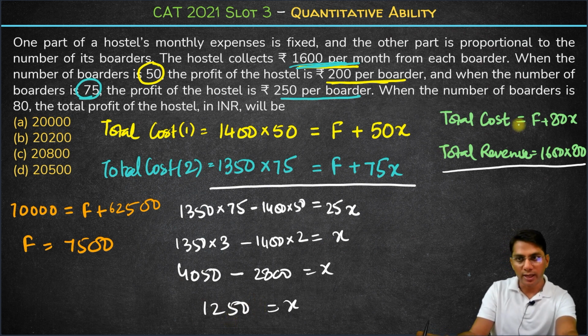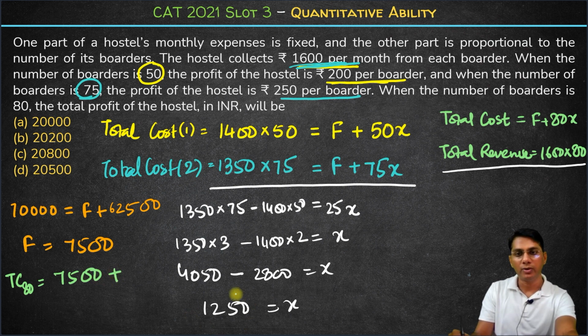So now if we have to calculate total cost for 80 students, the total cost for 80 students will be fixed cost of 7,500 plus the variable cost for 80 students, that will be 1250 into 80. So 1250 into 80 will be 1 lakh. So 1 lakh plus 7,500, so 1 lakh 7,500.